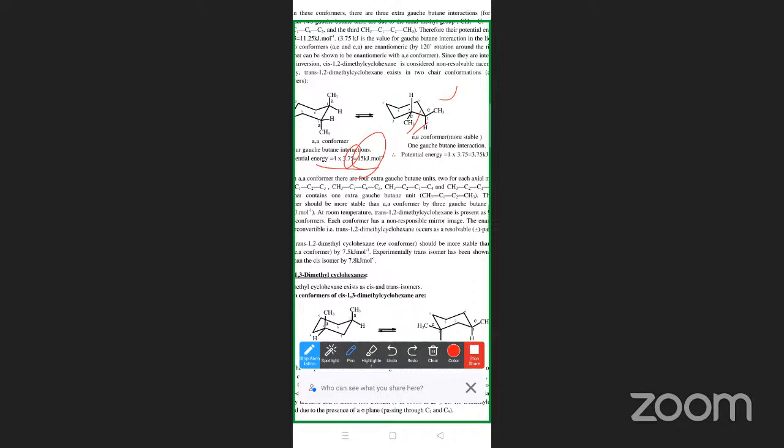Because here you see, okay, so no interaction, but here you will see there will be interaction. Okay. Here there is no interaction. That's why you see here only one gauche interaction. That's why the potential energy differs by 3 parts. So this is less stable, this is more stable.